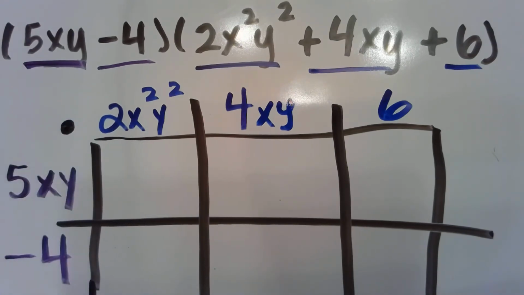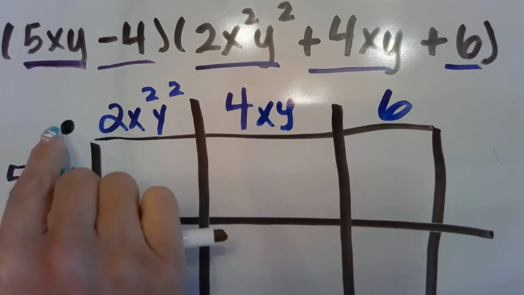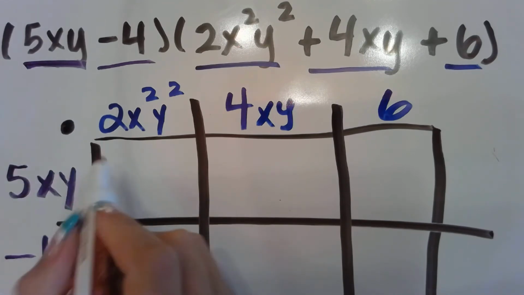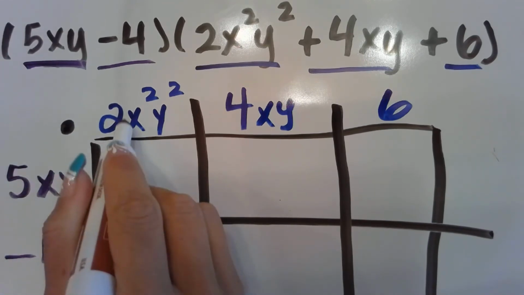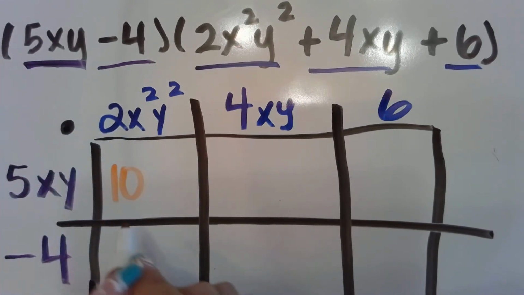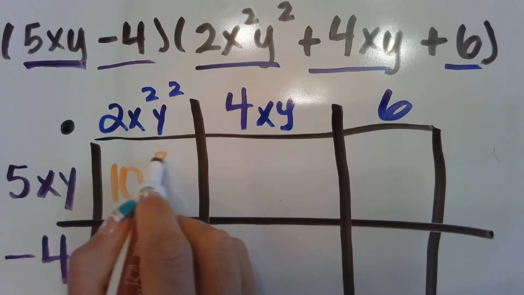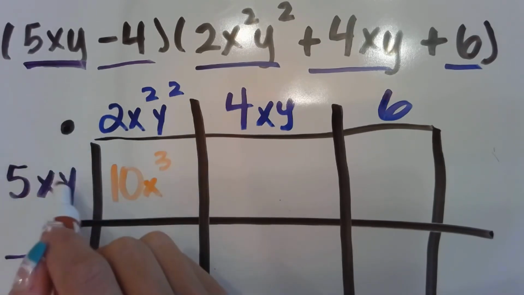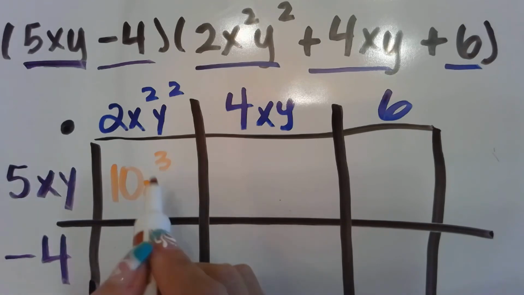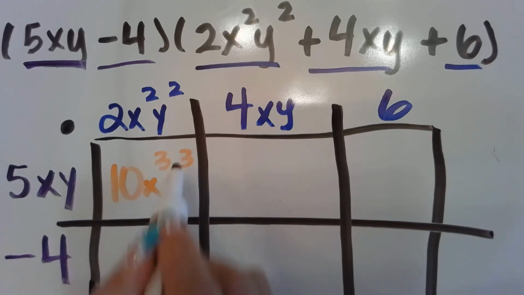And now I'm going to go ahead and multiply all of them. Okay? So 2 times 5, that would be 10. X squared times x, adding our exponents, x to the third. Y squared times y, adding our exponents, y to the third.